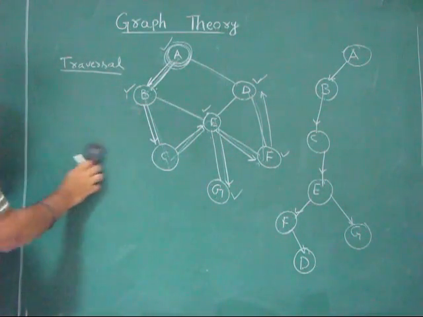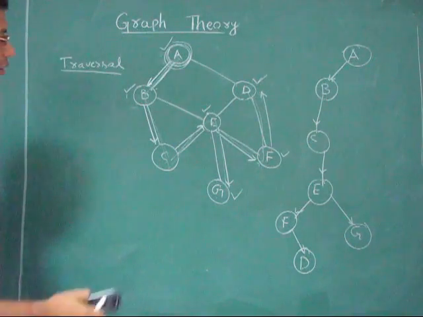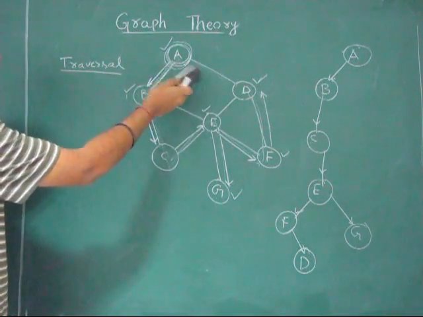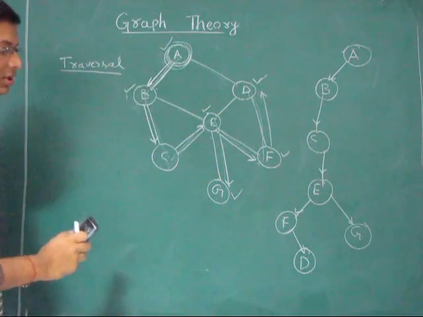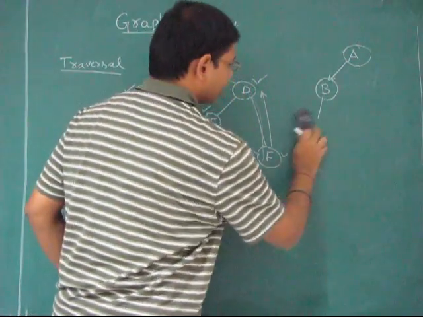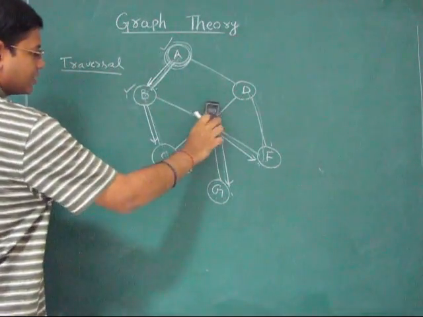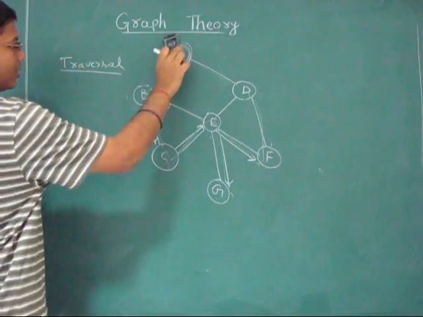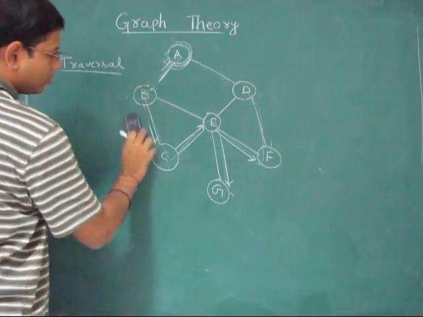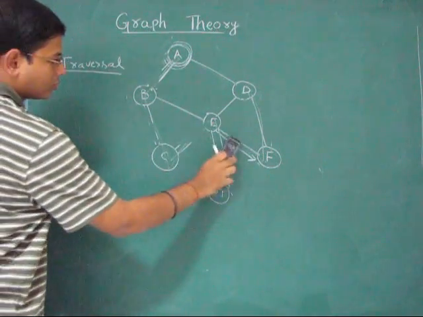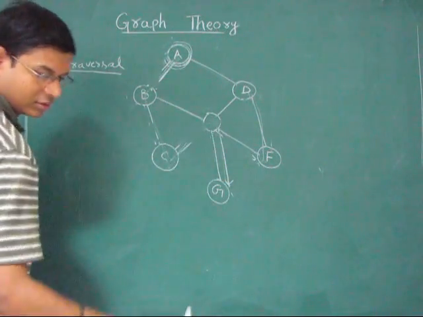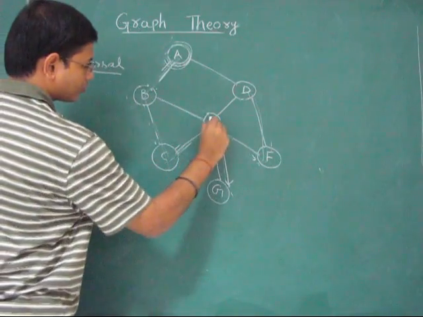But if we do care about the order in which we visit the vertices in terms of the distance from the starting vertex, we have to follow a different set of rules while visiting. Let's take the same graph.